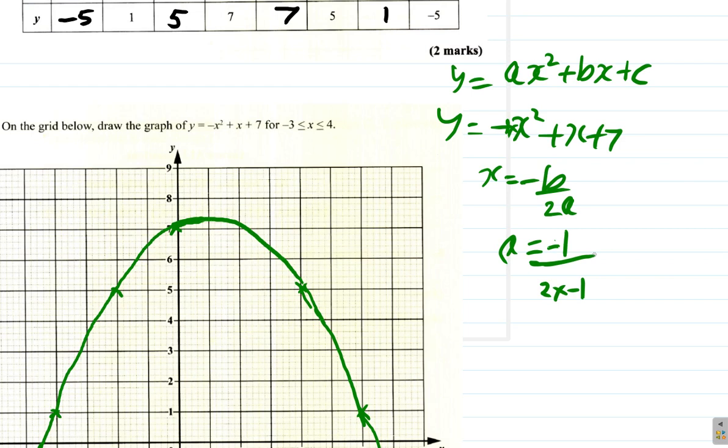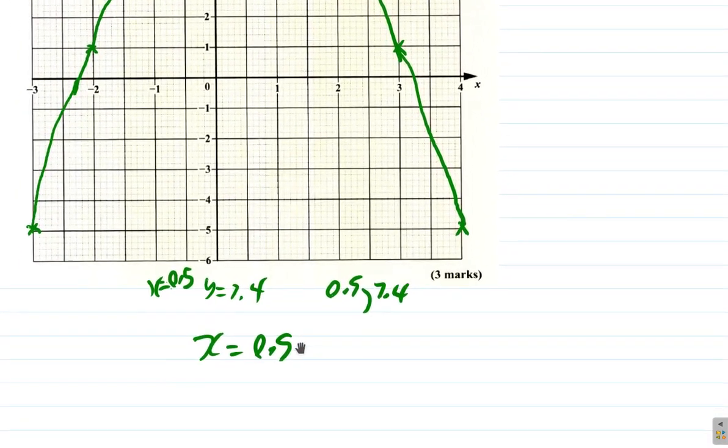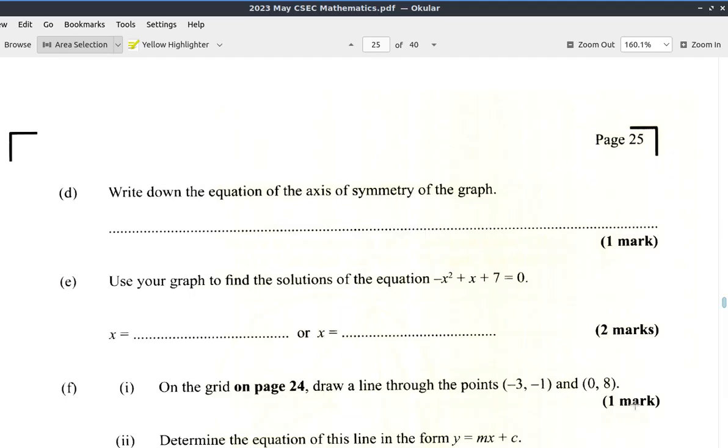Here now, you have negative 1 over negative 2, which is positive half. So the estimation was correct. Alright? That estimation was correct, so it is indeed half. x is equal to a half is the equation of the axis of symmetry. So you see that.